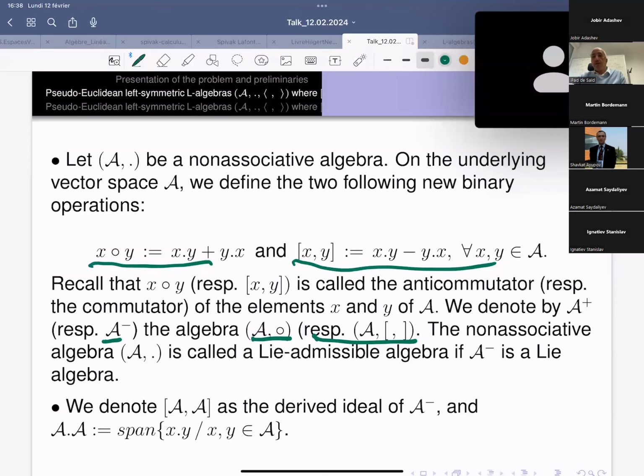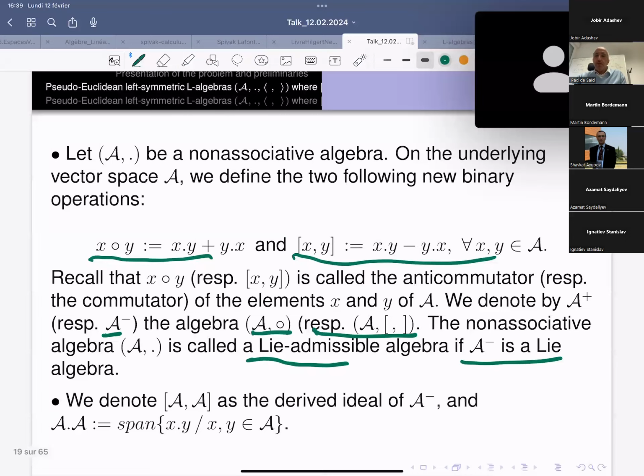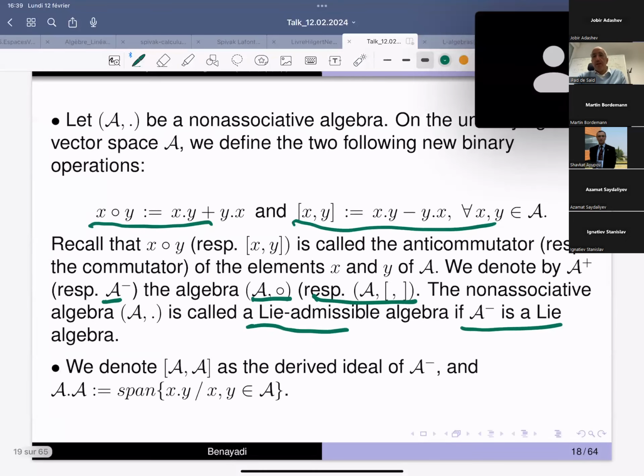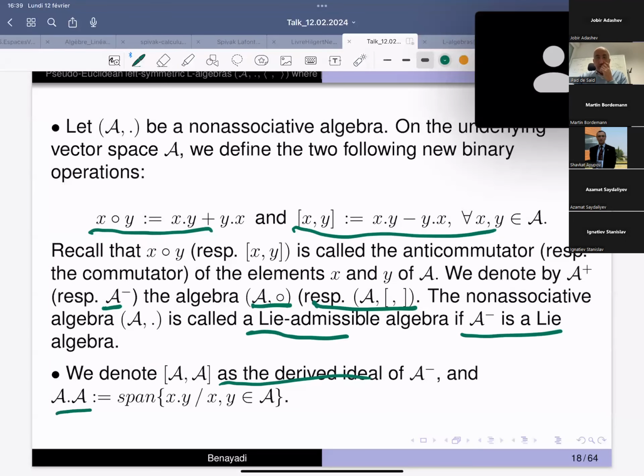The non-associative algebra is called an admissible algebra if A minus is a Lie algebra. We denote by this one the derived ideal, which is just the vector space generated by this type of product, x times y.